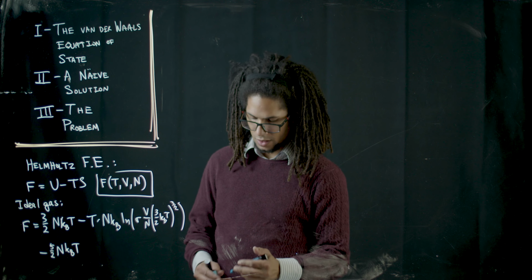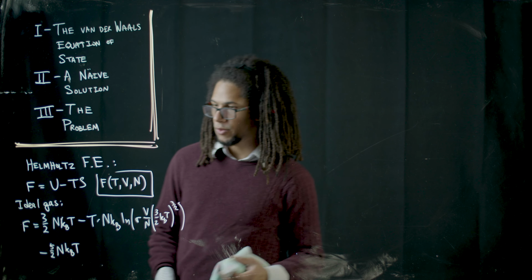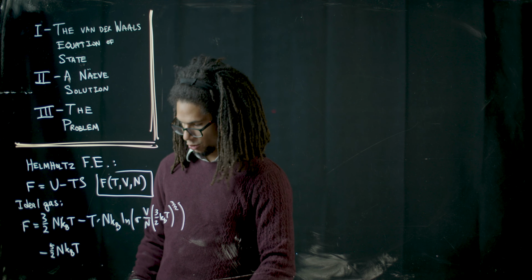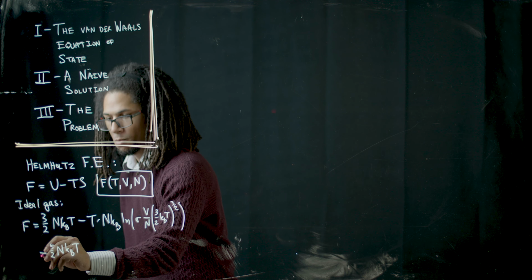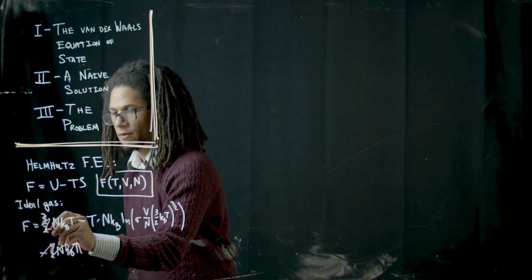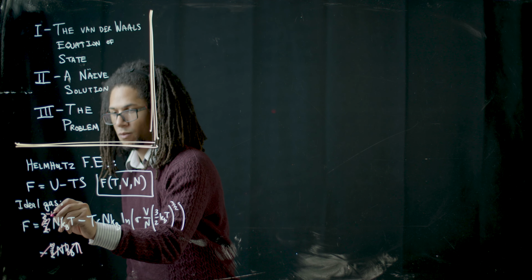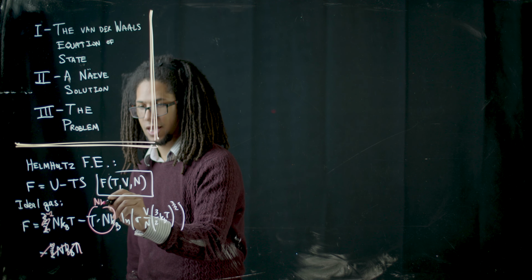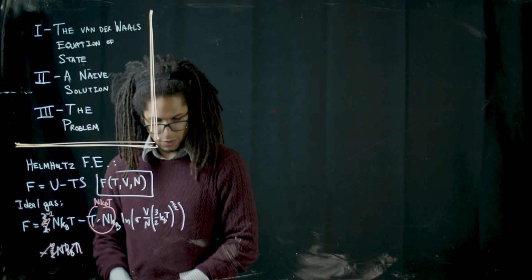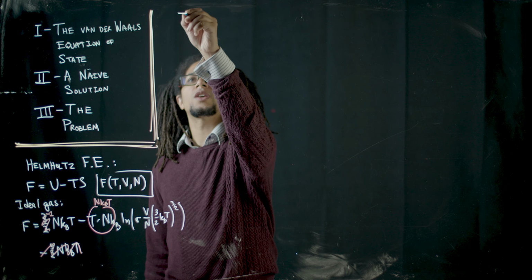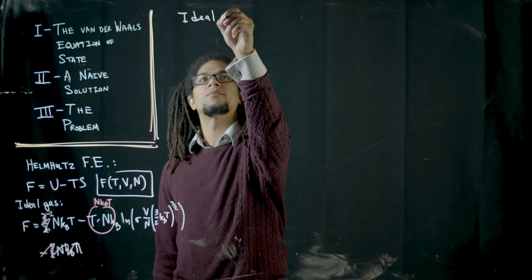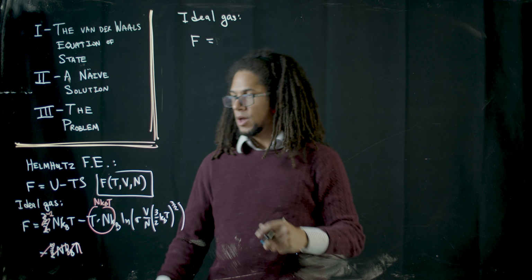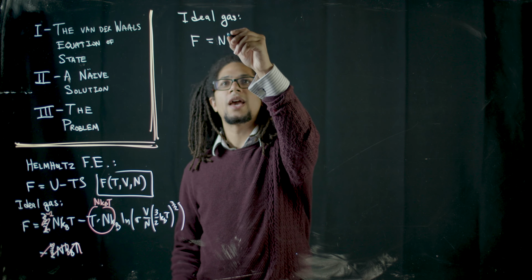NkBT. Now you'll notice that we can clean this up in a couple of ways. The 3/2 and the 5/2 cancel down to just a -1. And then this can be reconfigured back into NkBT. So our result for the ideal gas, I'll write right up here, is F is equal to, well, I'm going to factor an NkBT out.